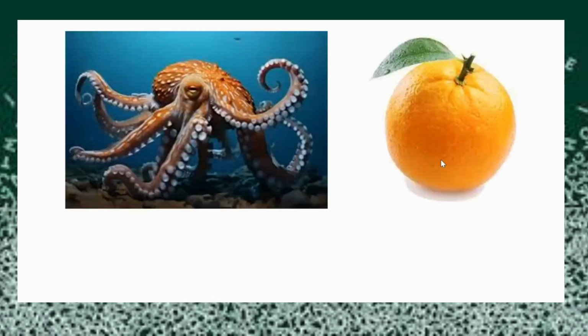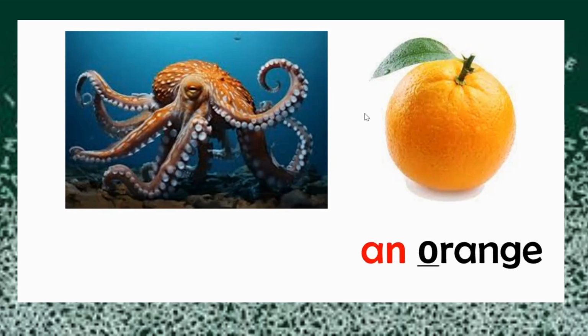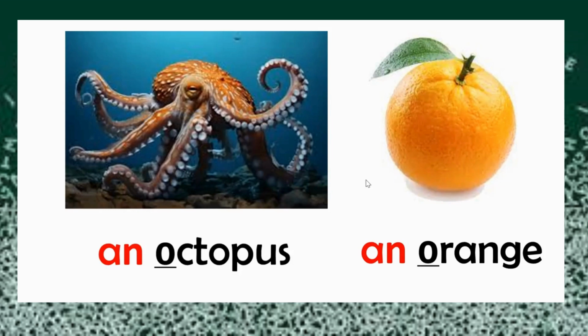This animal is octopus. This fruit is orange. So which article do we use? Orange starts with O. Octopus starts with O. So what do we use for both of them? An orange. And finally, an octopus.